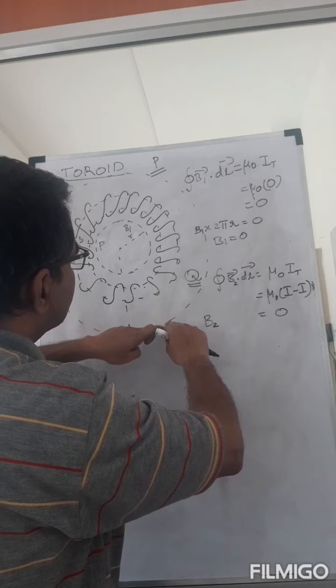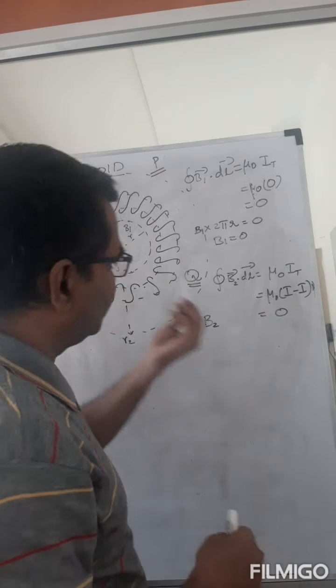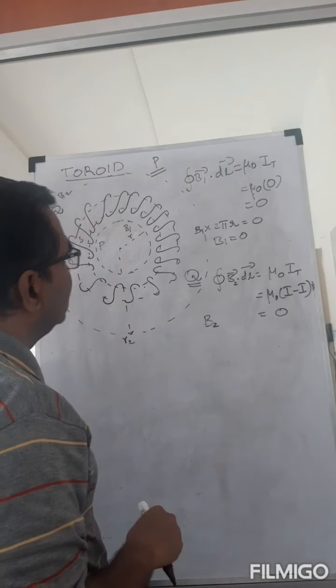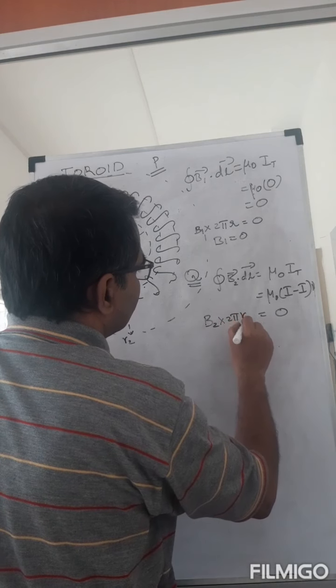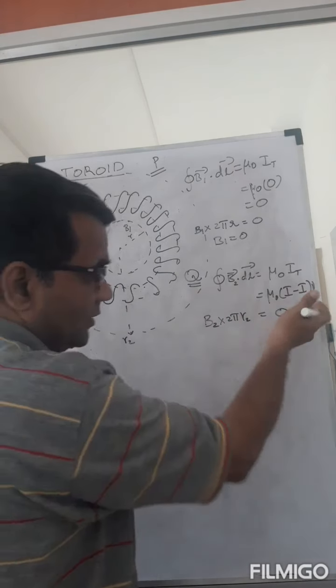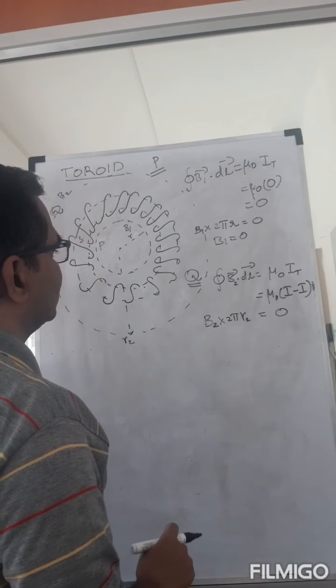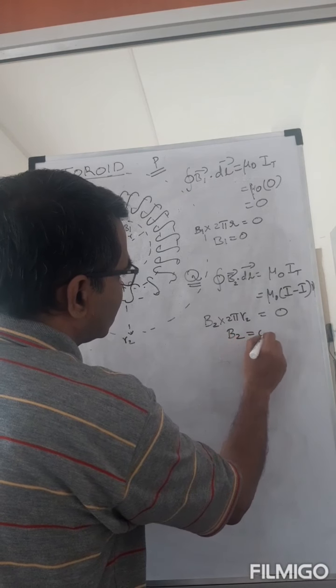So B2 must be the same at every point along the boundary of this region. So that would be B2 times 2 pi R2, and this multiplication is equal to 0. R is not 0, which means that B2 must be equal to 0.